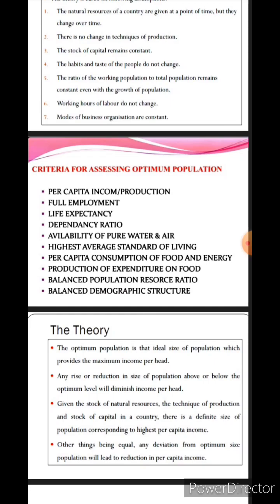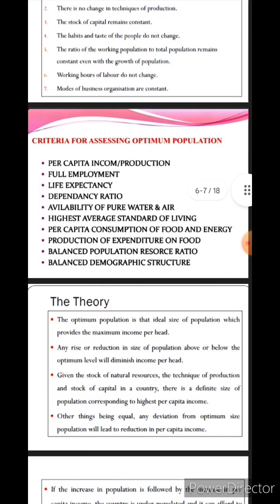Any rise or reduction in the size of population above or below the optimum level will diminish the income per head. Given the stocks of natural resources, the techniques of production and the stock of capital in a country, there is a definite size of population corresponding to the highest per capita income.